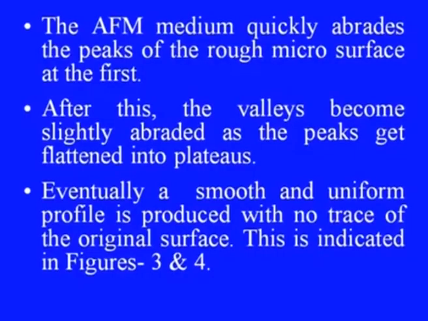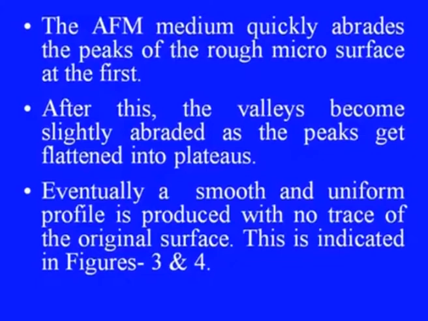In case of ductile materials, micro ploughing and micro cutting phenomena are taking place, while in case of brittle materials predominantly the micro cutting phenomenon does take place. The AFM medium quickly abrades the peaks of the rough micro surface at first.